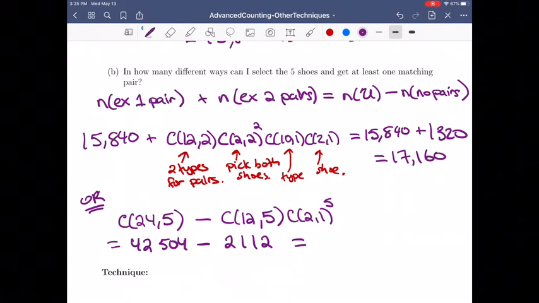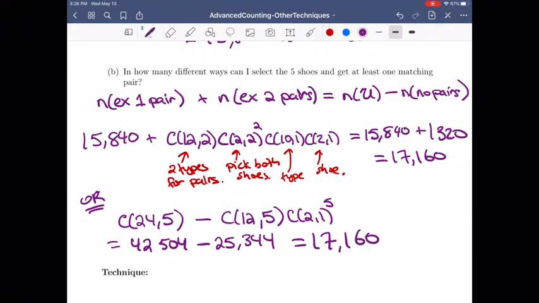I think I made a mistake here. Yeah, sorry about that. Calculator mistake. So this is 25,344. So again, we get the same answer.